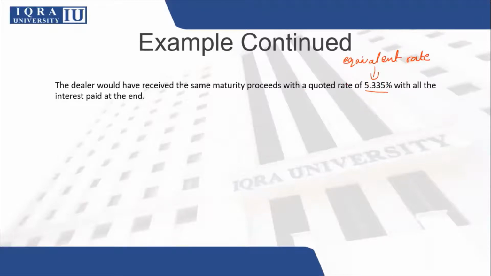So let's look at an example. Let's do the calculation. So if we use this interest rate only, then we will get this amount. So maturity proceeds as 1,000 multiplied by 1 plus, now you're going to use this rate.